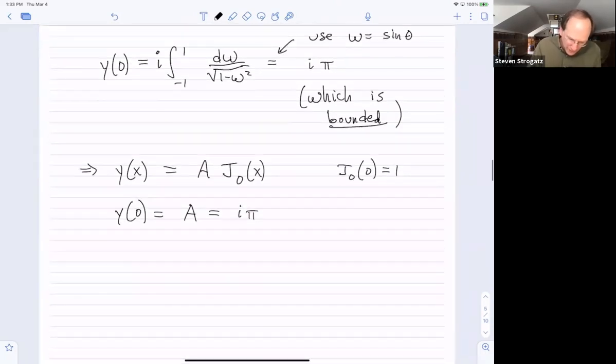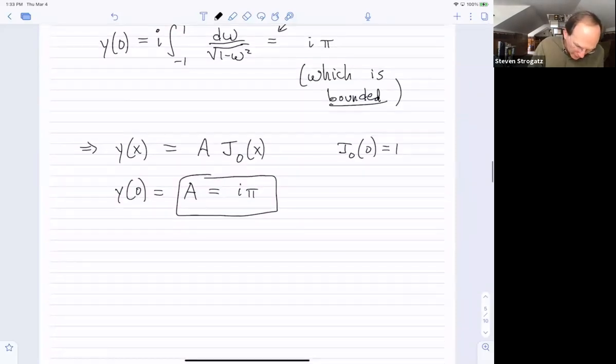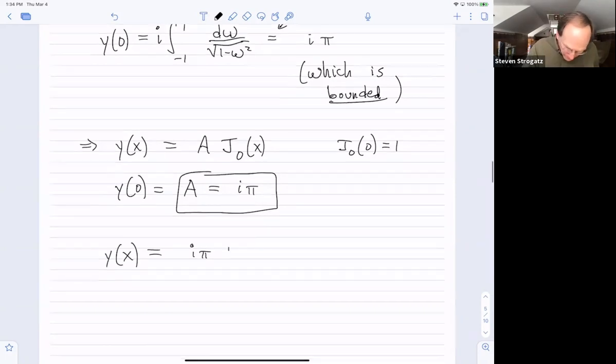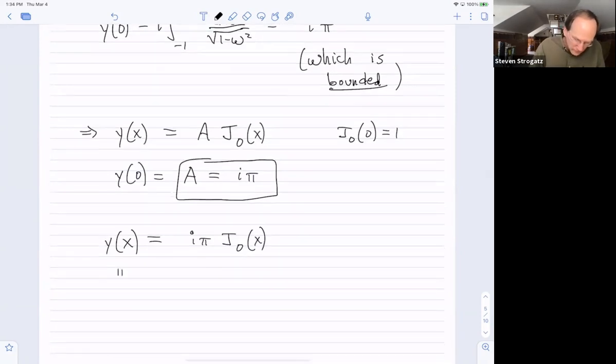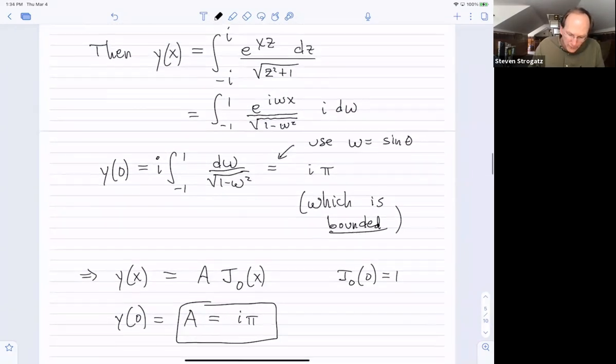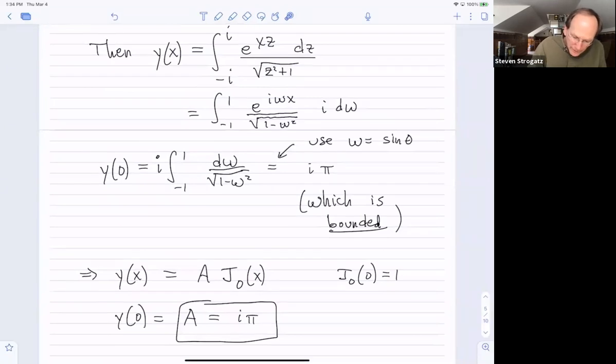So that's telling us what A has to equal. And so I've just somehow managed to derive y of x is i times pi times J0 itself. But this y of x was this integral I wrote up here.